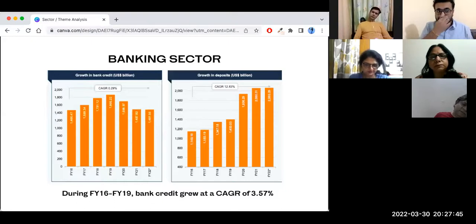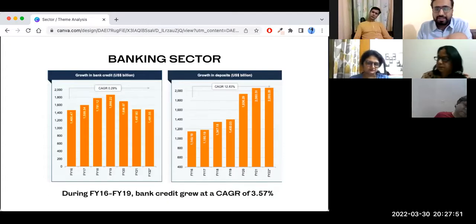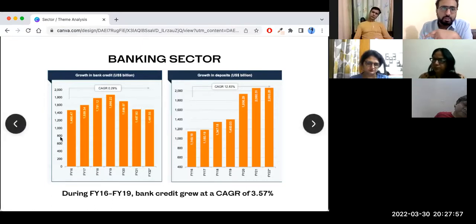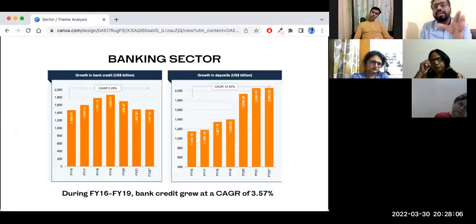Now, this is slightly old data because the report I picked up was showing data till 2020. After that it has started to pick up. Till 2019 the data is correct; after that there have been extrapolations, done after the ILFS crisis and the NPA crisis.